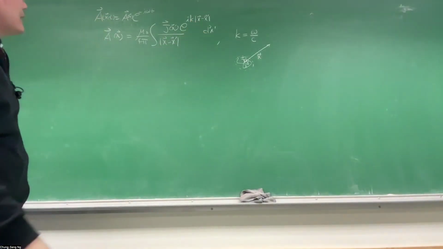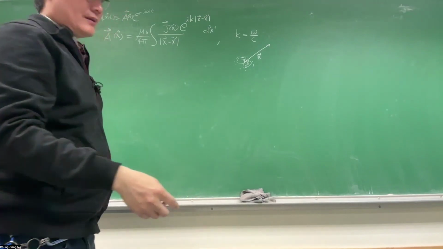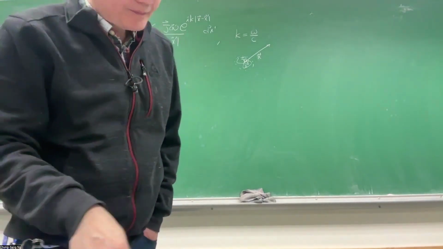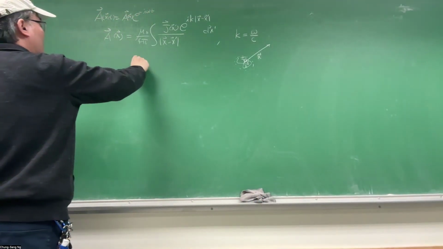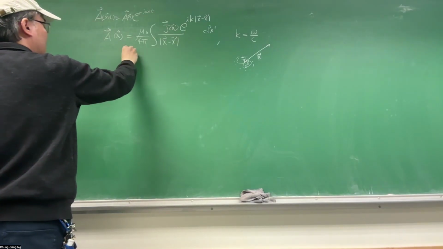Then you can do a Taylor expansion of |x minus x prime|. Well, it's Taylor expansion or binomial expansion, whatever you want. We did that before.